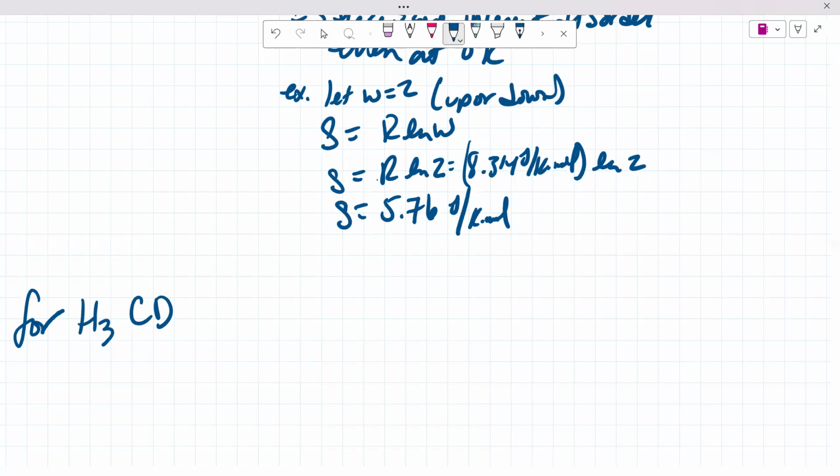This is D, deuterium, right? Heavy hydrogen. Sort of like nothing, but one is heavy. Therefore, possible orientations.